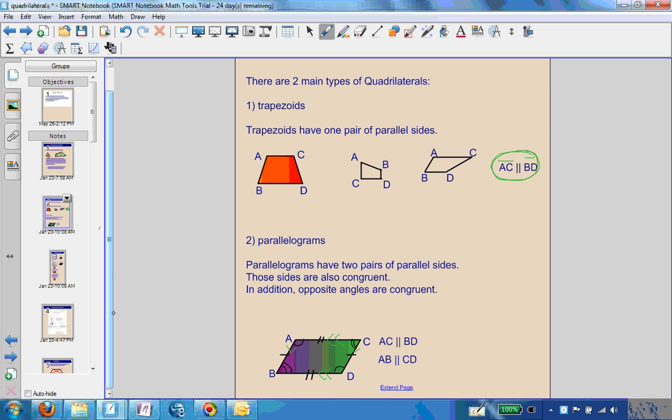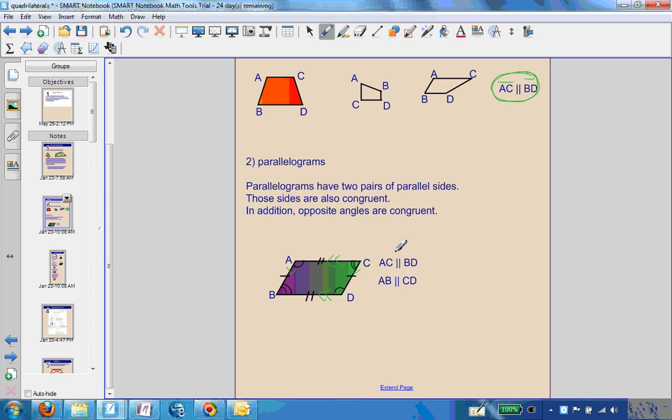For our parallelograms, we have AC and BD parallel, which I'm denoting with my arrows, and AB and CD, those sides are also parallel, which I'm using the same number of arrows to denote. So with parallelograms, we have two pair of parallel sides. With trapezoids, we have one pair of parallel sides.